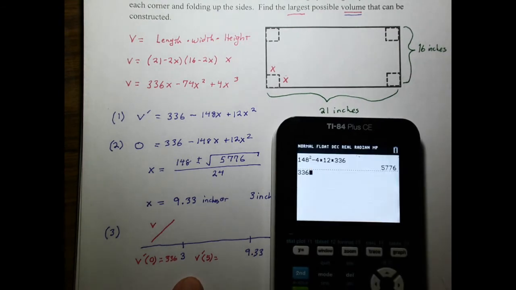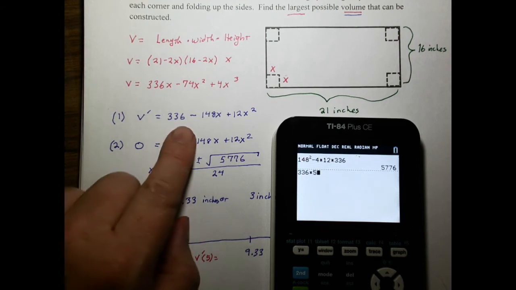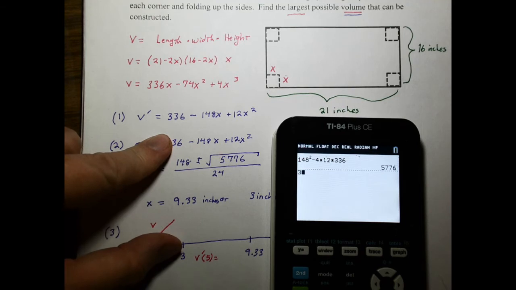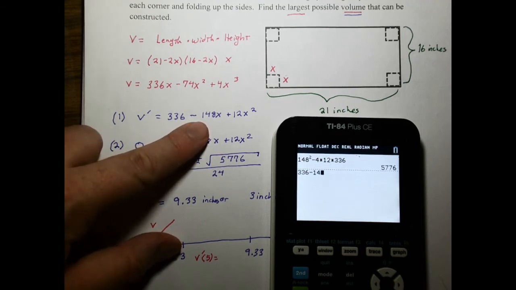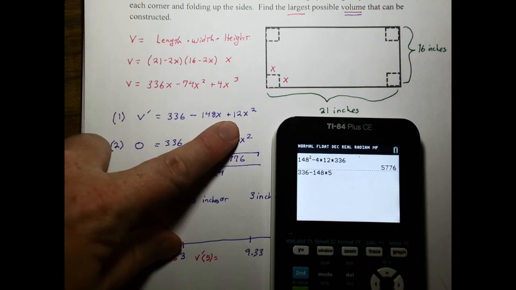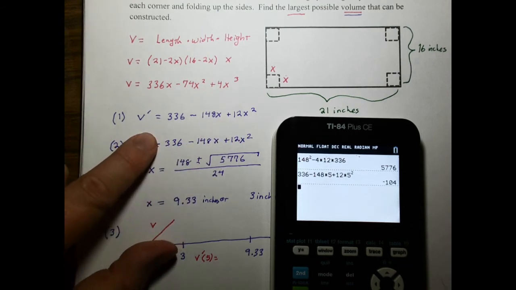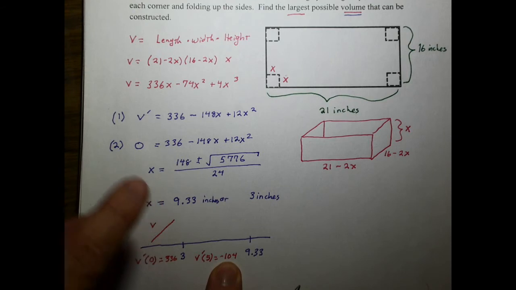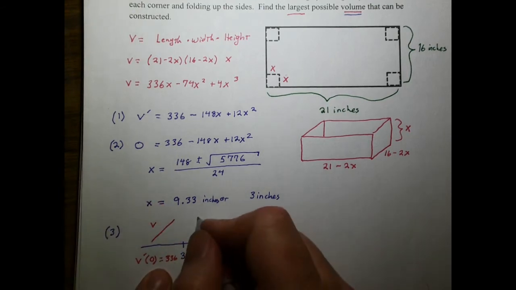So 336 minus 74 times, 336 times 5. Oh, we've got to test it in the derivative. So 336 minus 148 times 5 plus 12 times 5 squared. Let's make sure we put it in the right formula. We're testing the derivative. We get a negative number, negative 104, which means the graph is going downwards because all the slopes are negative.